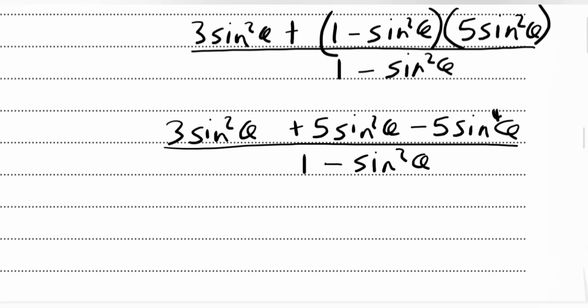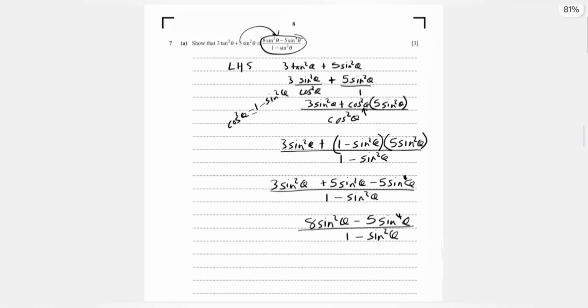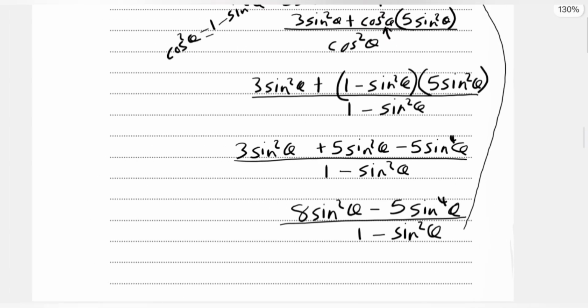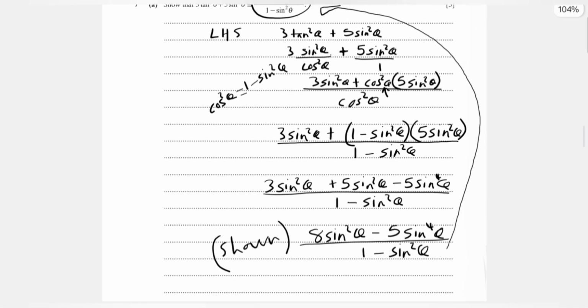So this will give us 8 sine squared theta minus 5 sine to the power 4 theta over 1 minus sine squared theta, like this. And we can see that this is identical to that, so we have shown, right?